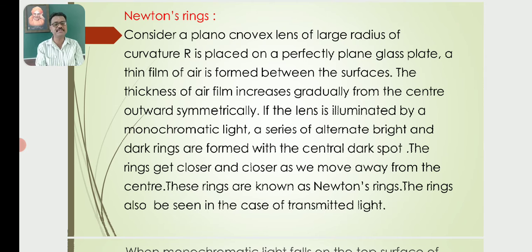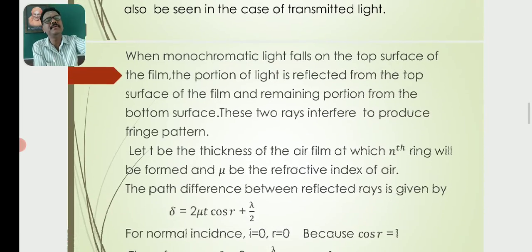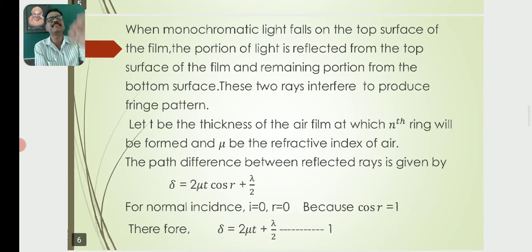The rings obtained in this experiment are called Newton's rings. The Newton's rings obtained by the reflected method, by the division of amplitude, shown in the previous slide, are called Newton's rings due to interference.